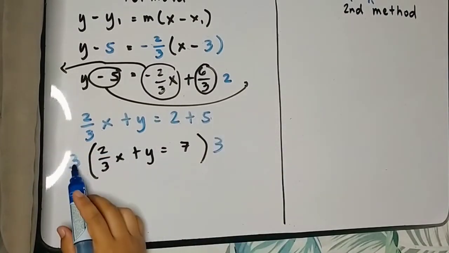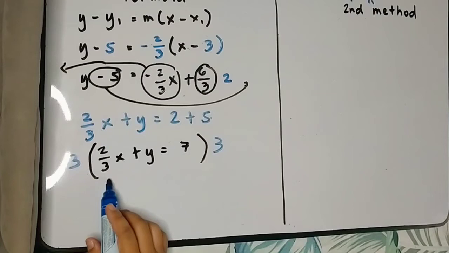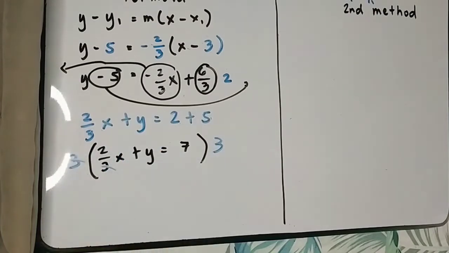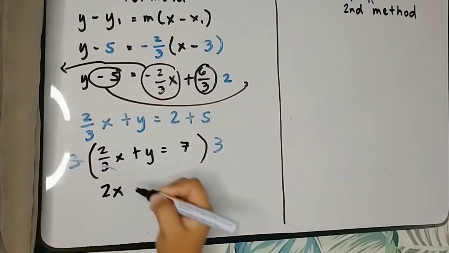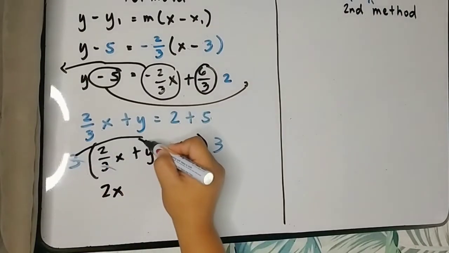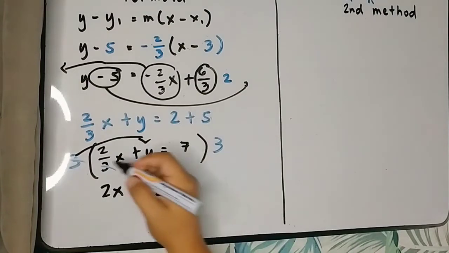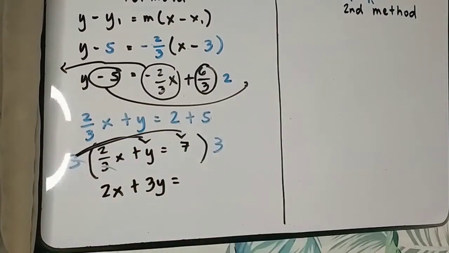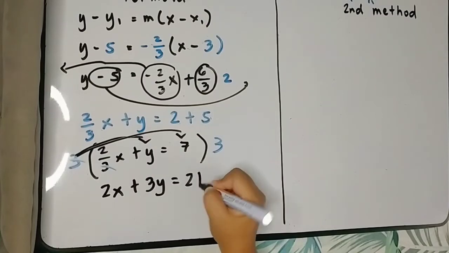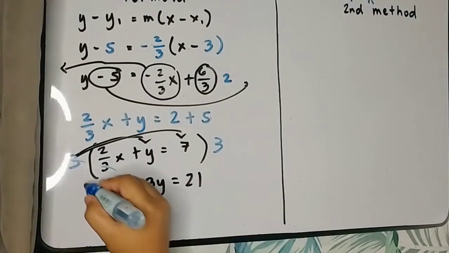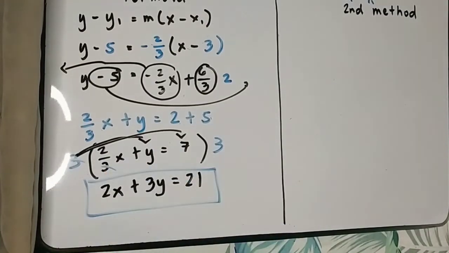So, since again, di ba pareho naman si whole number at si denominator cancel, ang matitira na lang si numerator. So, you have 2x, then multiply 3 times y plus 3y equals 3 times 7 equals 21. So, therefore, this is now the standard form.